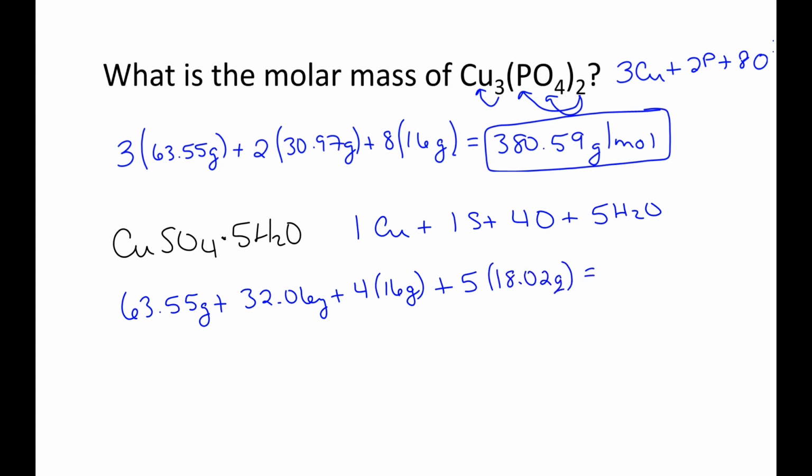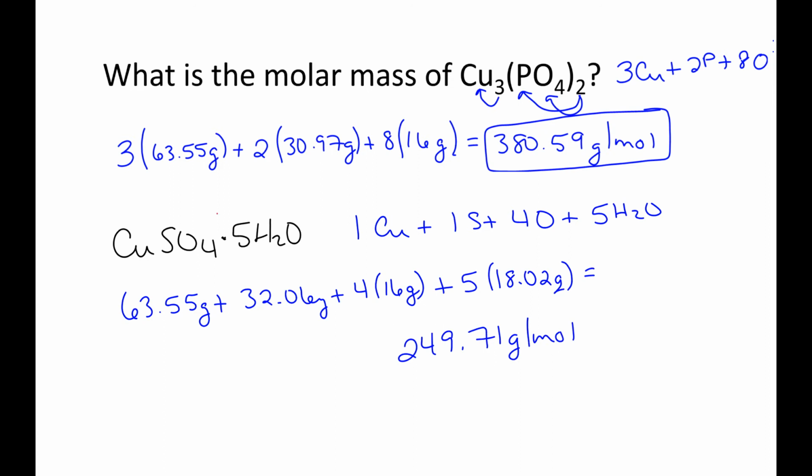So we got 63.55 plus 32.06 plus 4 times 16 plus 5 times 18.02, and we get 249.71 grams per mole.